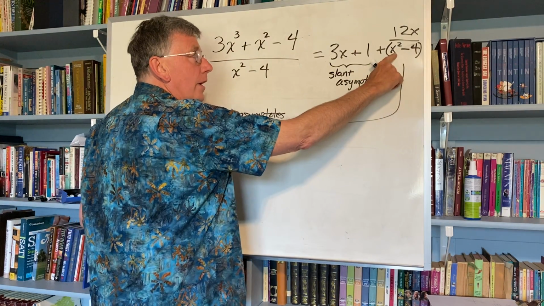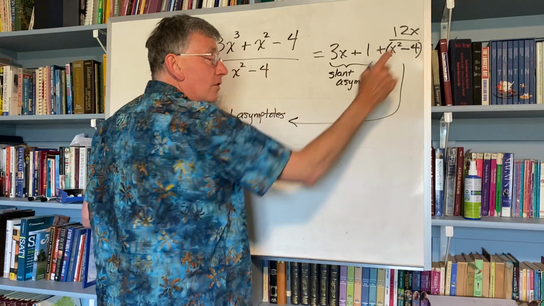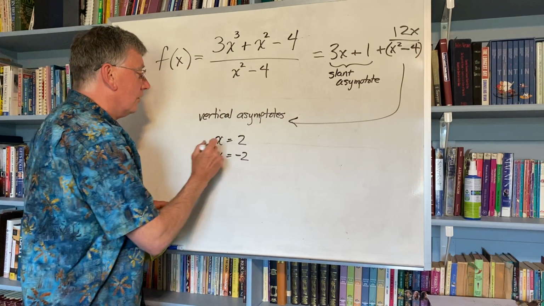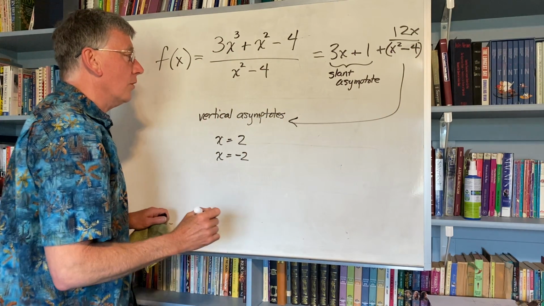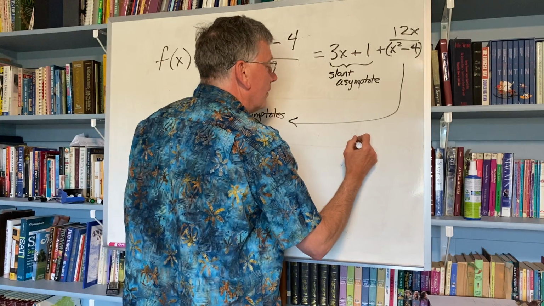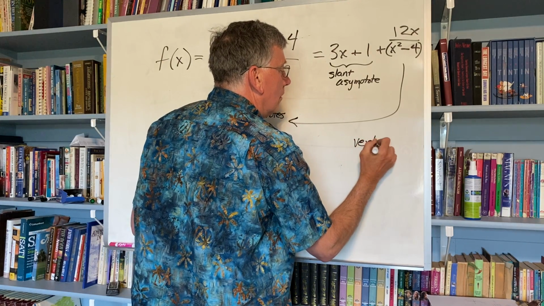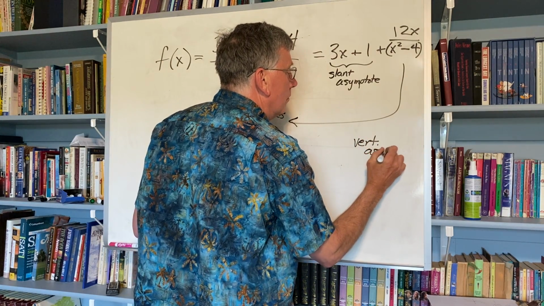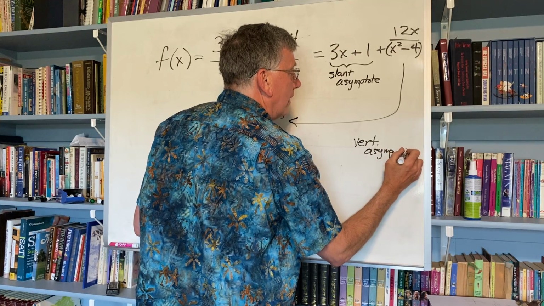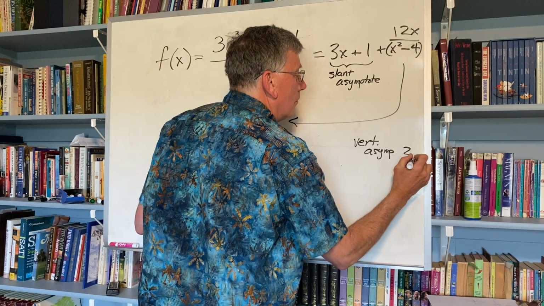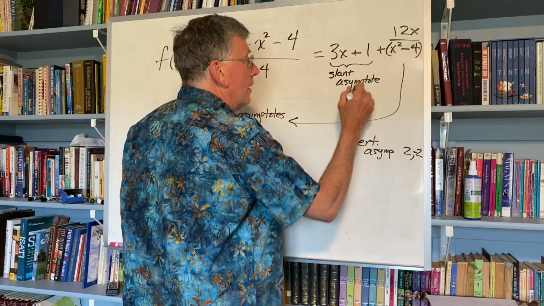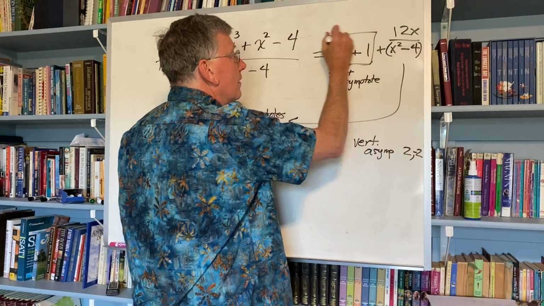Minus 2 squared is 4, minus 4 is 0. So these are my vertical asymptotes. Let me write that off to the side. Vertical asymptotes are at 2 and minus 2. The slant asymptote is this right here.